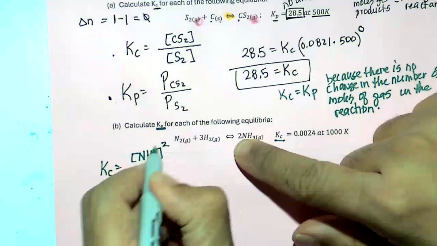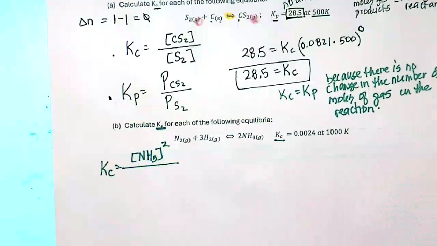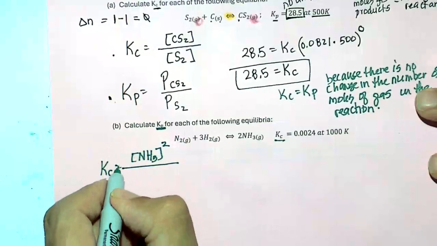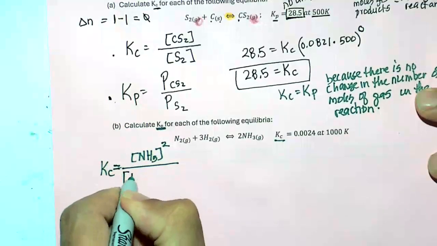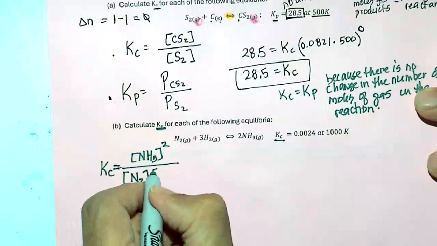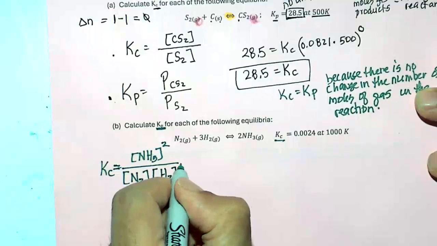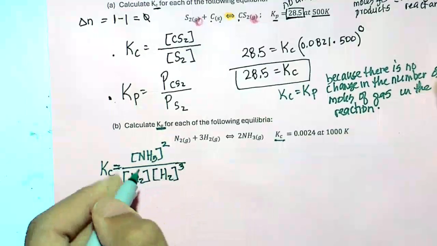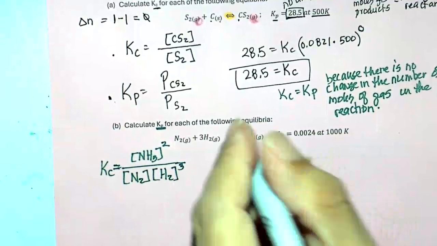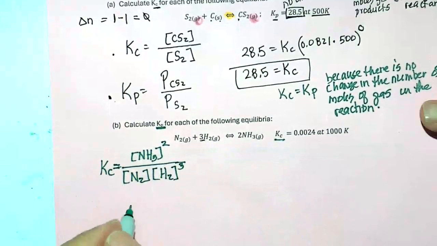What will we raise this to? How many moles are there? Products over reactants, divided by N2 raised to what power? 1, times the concentration of H2 raised to what power? 3. Why am I raising it to the third power? Because there are 3 moles.